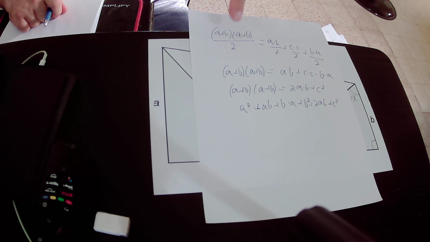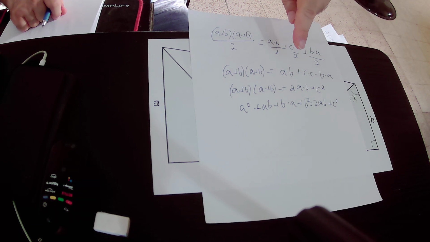So A times A equals A squared, A times B equals AB, B times A equals BA, and B times B equals B squared.